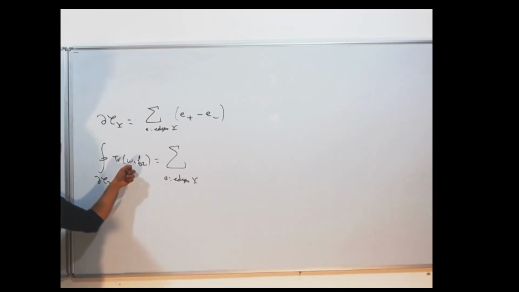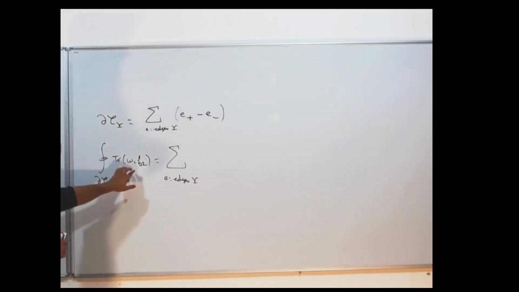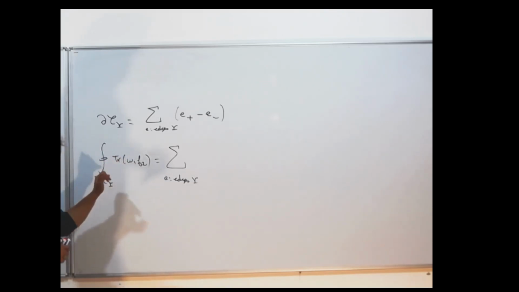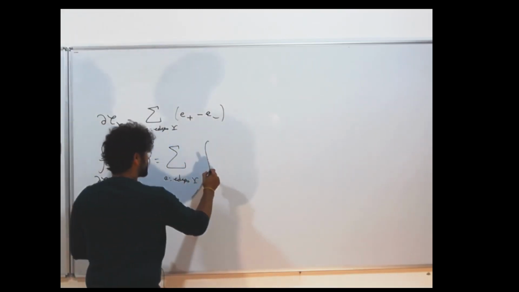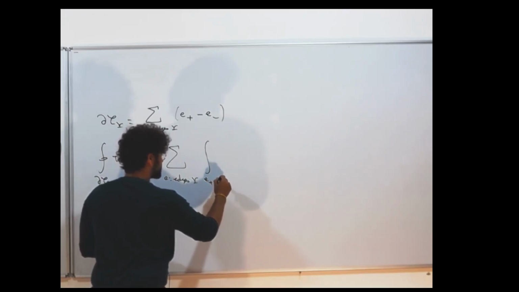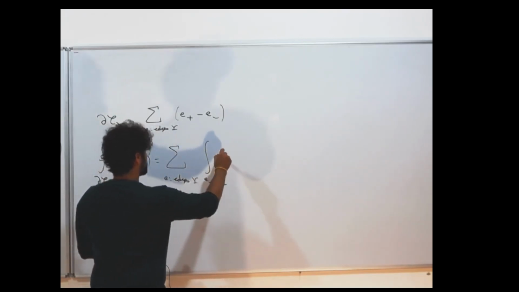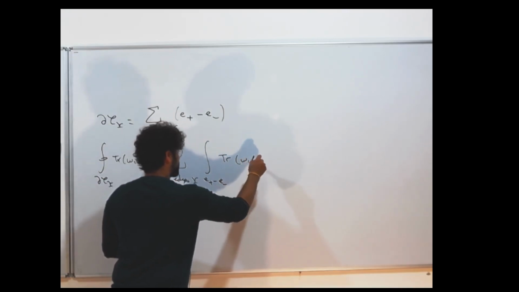It's scalar valued. So every time I'll try to be careful to write things in a way that respects this. So for instance, I'm not going to integrate a matrix valued differential form on a contour which is on the base, right? That wouldn't make much sense. Okay, so this you can just replace with that. So now this is the integral over E plus minus E minus of the trace of omega 1 F2.